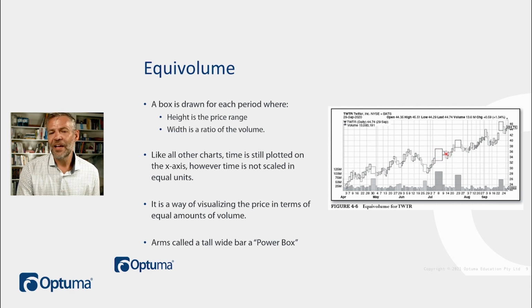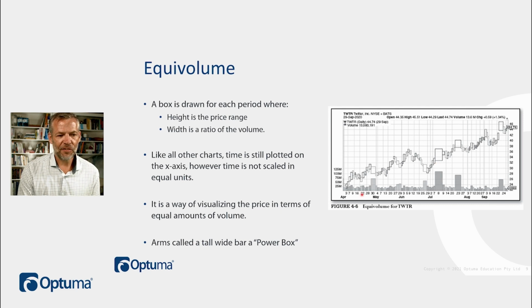The height is the normal price range of that day or that bar. Richard Arms, who created this concept, calls a box like this a power box because it has such a big impact on the chart. And that's what he was trying to show here with this.